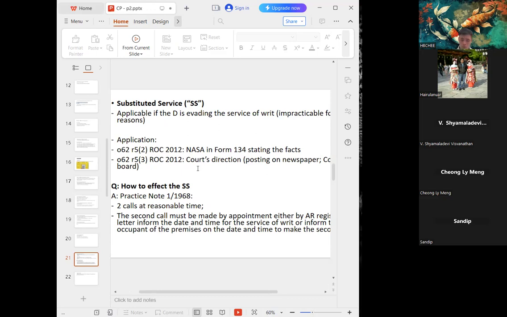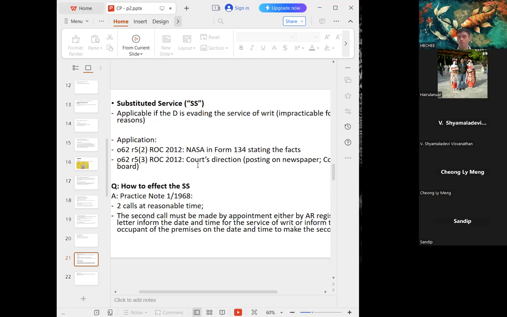We already extended the validity of the writ, yet it still cannot be served. Then we go by way of substituted service, and then we have to call the newspaper. Then the court will give you the particular newspaper you must use. They will give you either NST or the Star, if in English.